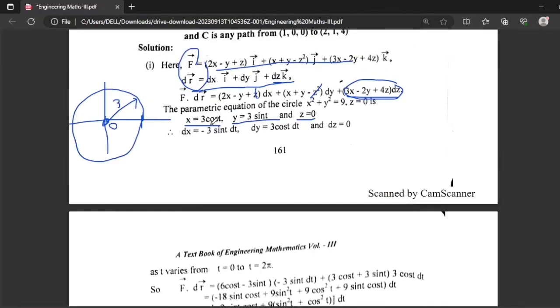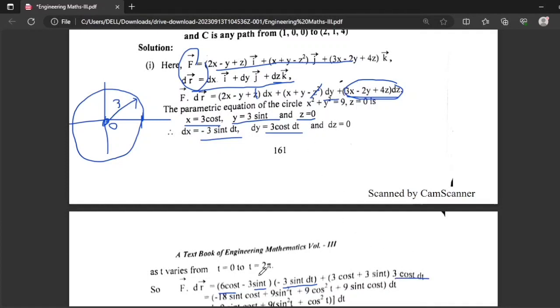2 times x, which is 3 cos t, gives 6 cos t, minus y which is 3 sin t, and dx is minus 3 sin t dt, plus (x plus y), that is 3 cos t plus 3 sin t, times dy, which is 3 cos t dt.